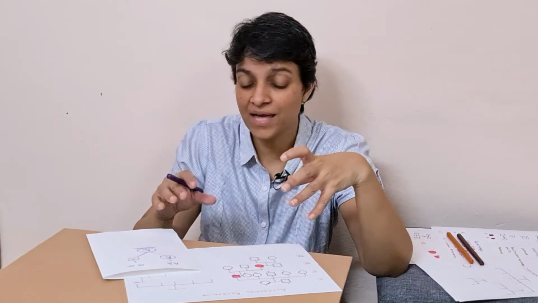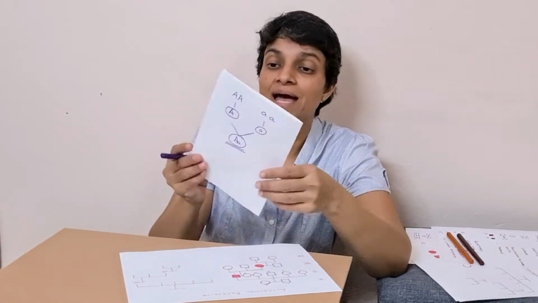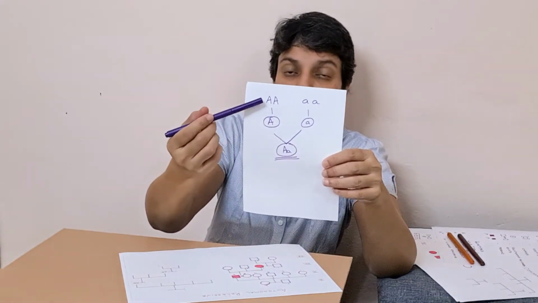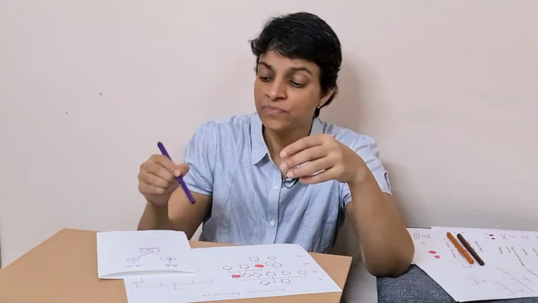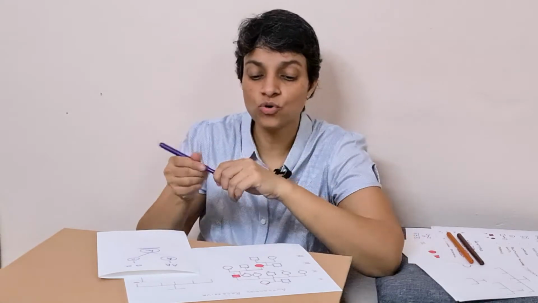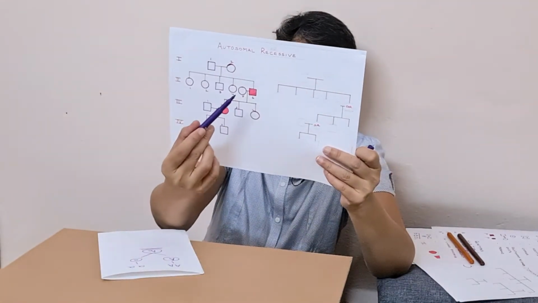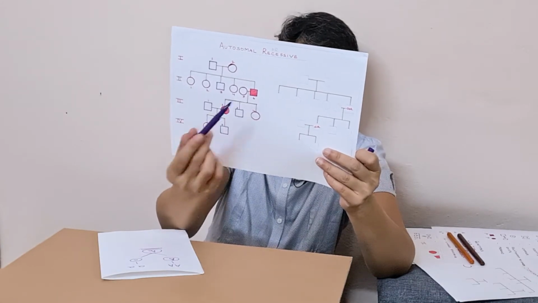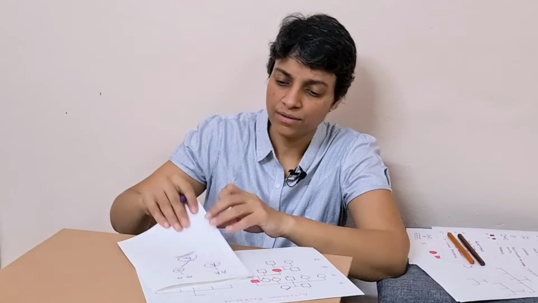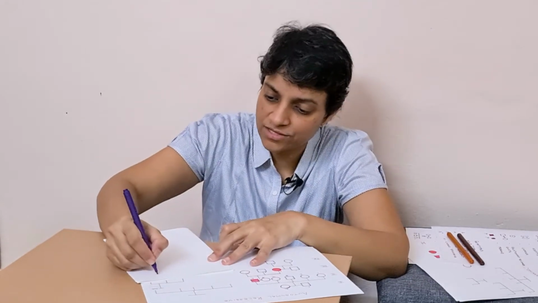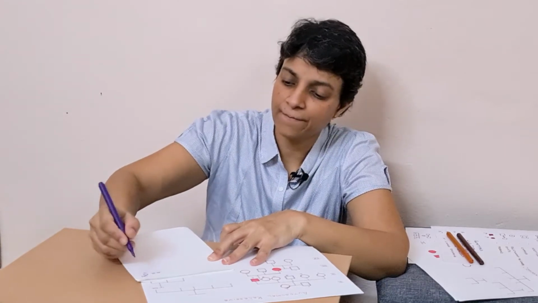To confirm whether the individual she married is homozygous dominant or heterozygous, we will have to go back to her parents. We know her father is homozygous recessive. Here it is the male parent.